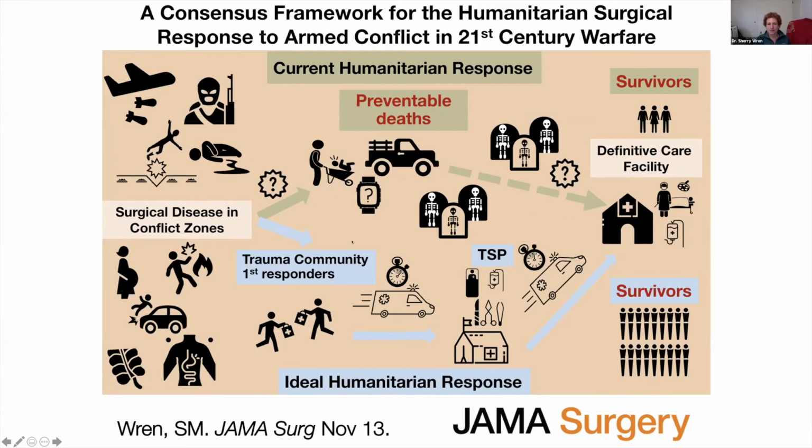What's the system that we want to see built? We want to see community first responders. We want to see some coordinated transportation in a timely manner, getting into these trauma stabilization points. And again, movement of casualties to a definitive care facility so we can now get to more survivors.